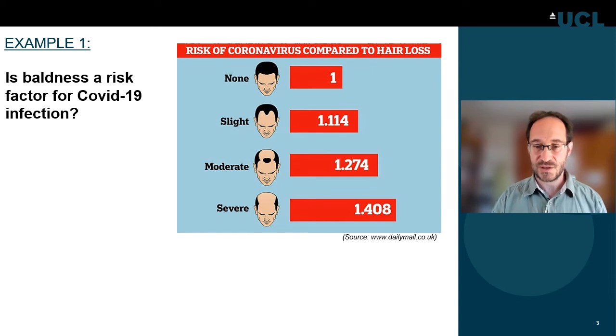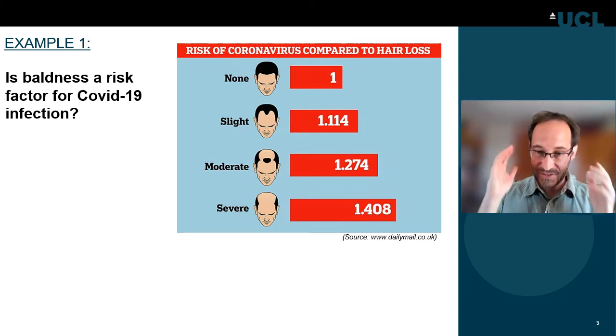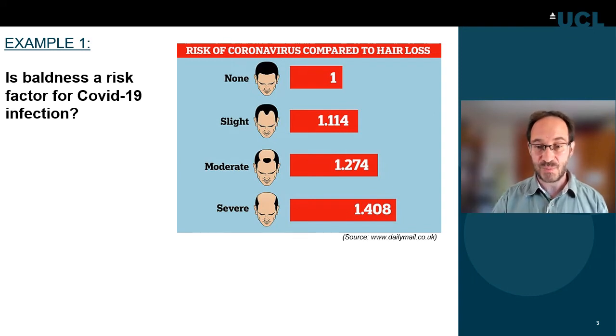And this image illustrates data from an actual study that suggests that men with no hair or hardly any hair on the side have a significantly higher, more than 40% higher risk of becoming hospitalized due to COVID-19 disease. So why can this be?